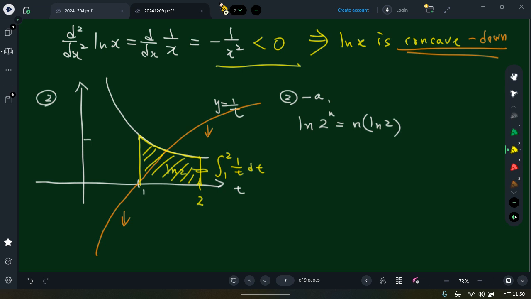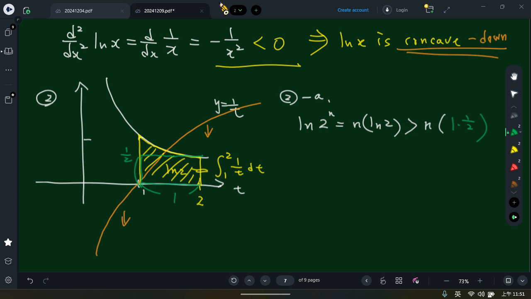This area in yellow. But we also notice that this part will be larger than this. Here this point should be 1/2, right? And this is 1. So n times ln 2 must be larger than n times 1 times 1/2, because you can see the yellow portion is larger than the blue one.